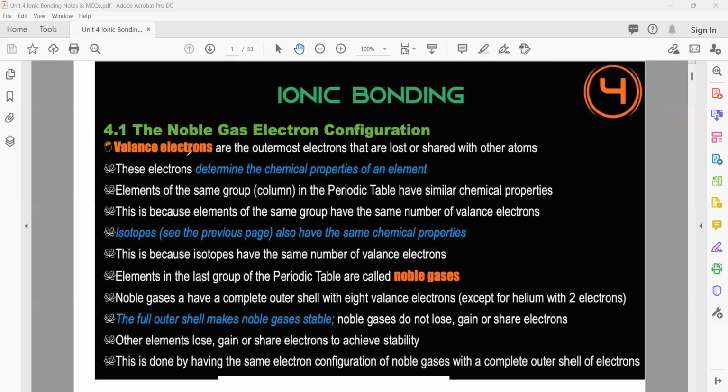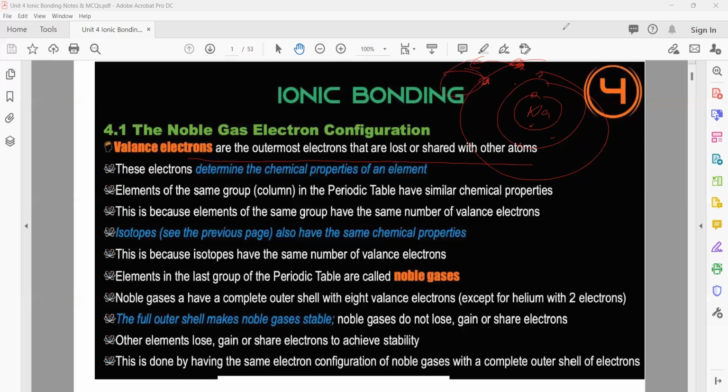So here they're talking about valence electrons, the outermost electrons that are loosely held. Whenever a chemical reaction happens, the electrons in the last shell will take part. Either they will lose, or gain, or share.